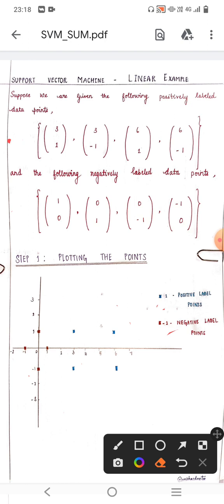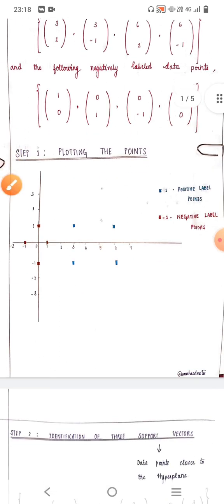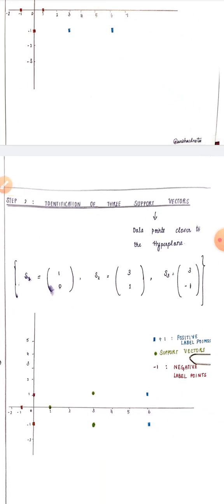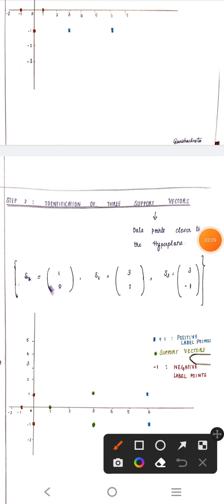So the next step would be identification of the 3 support vectors. Support vectors are nothing but the data points which are closer to the hyperplane, that is closer to the decision boundary. As of now, we have kept the decision boundary at 2 by seeing only the plot.